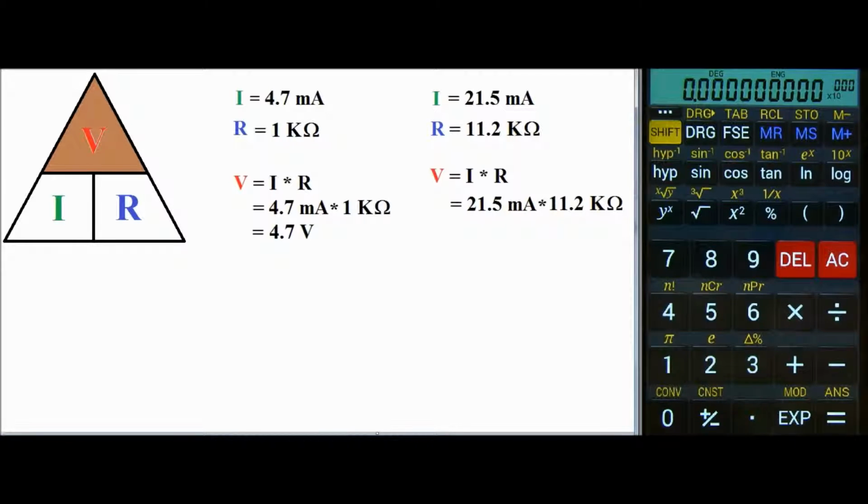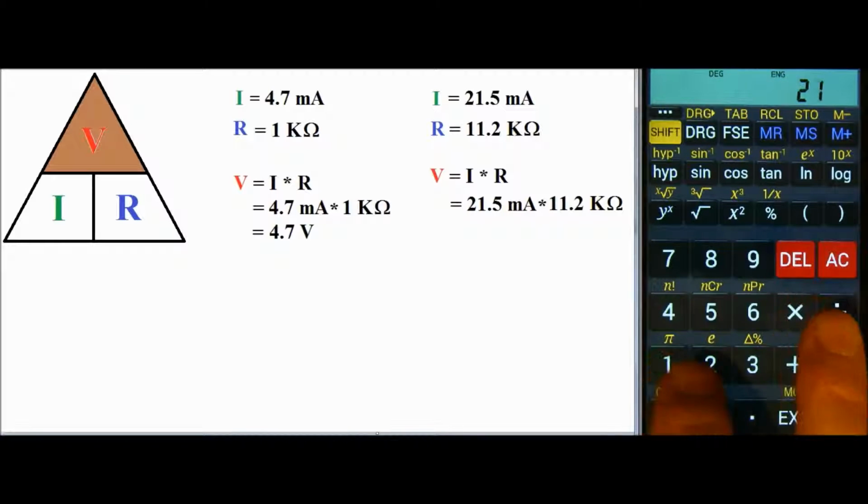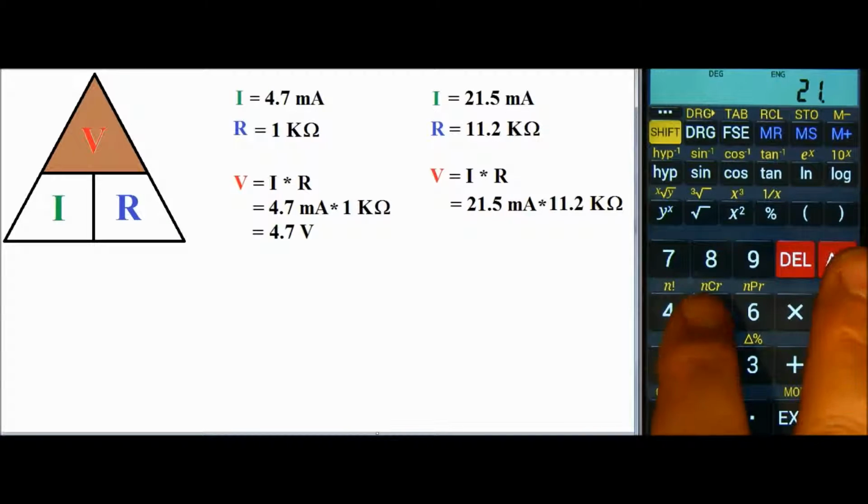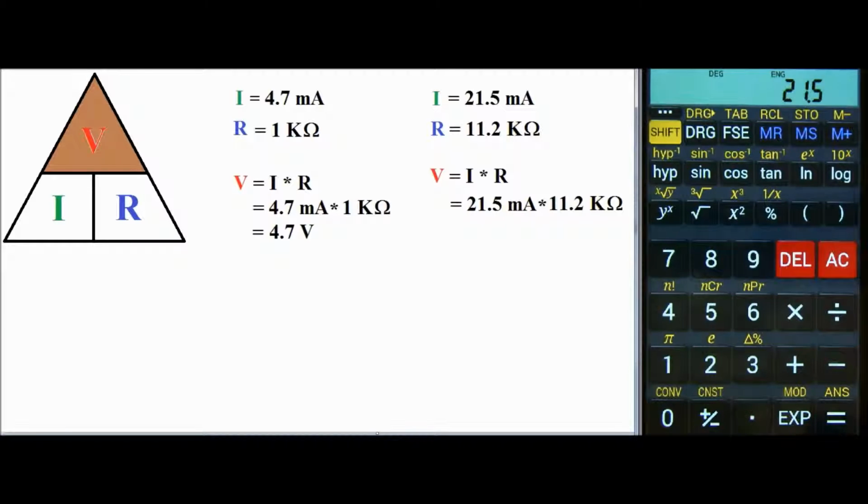R is 11.2 K. So 21.5, and again it's milli, so my exponent is negative 3, times R, which is 11.2 K, and K is an exponent of 3. And our answer becomes 240.8 volts.